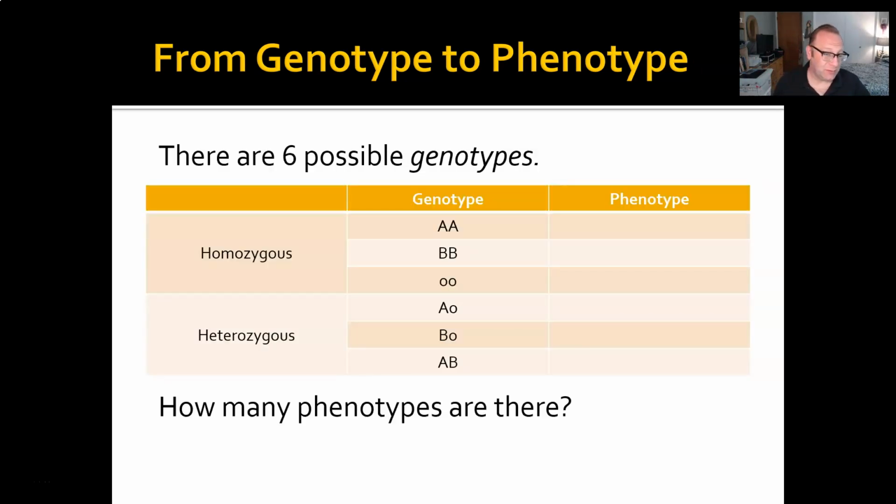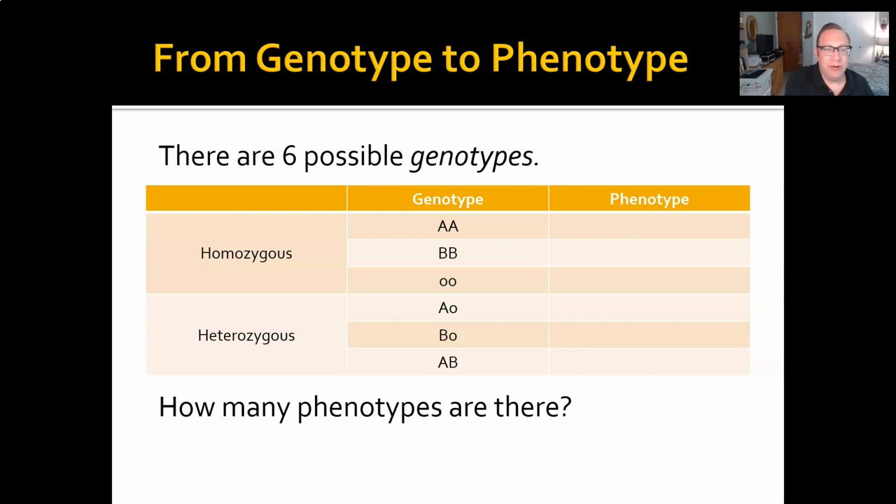Now, this leads to a really interesting pattern. The genotypes here are pretty easy. We can list them out. We use one letter to represent that allele for each inherited chromosome, right? So you can have type A, and we represent dominant traits by capitalizing them, by the way.